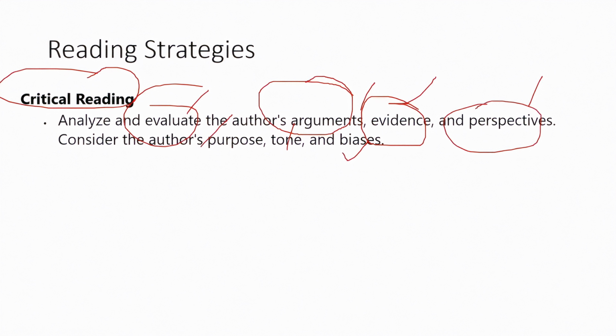You try to understand from the author's point of view what kind of tone and words the author has used, and what message the writer wants to convey. This is called critical reading.